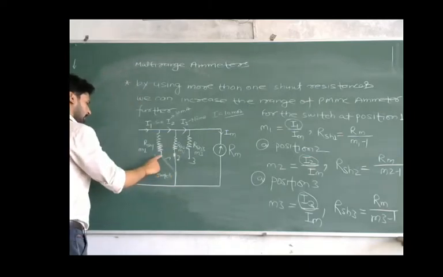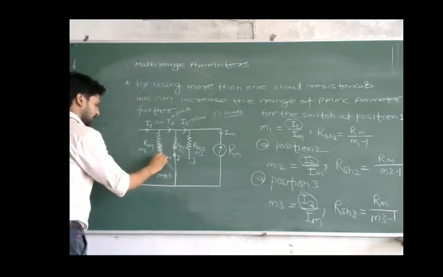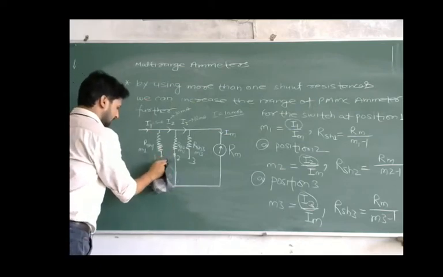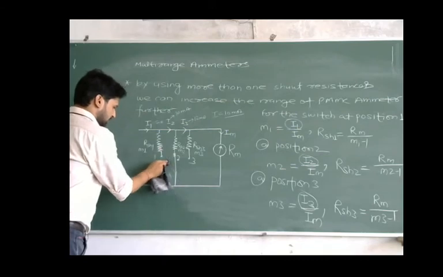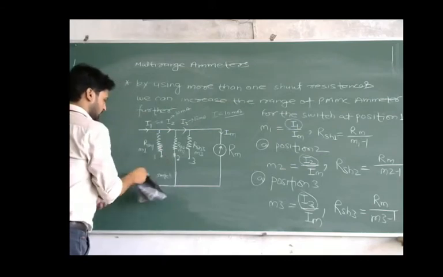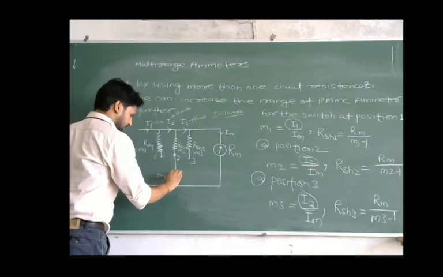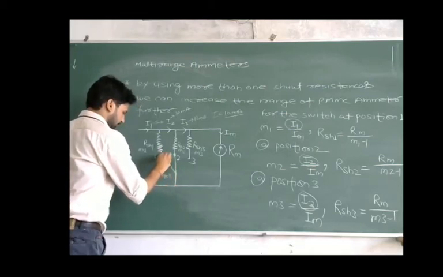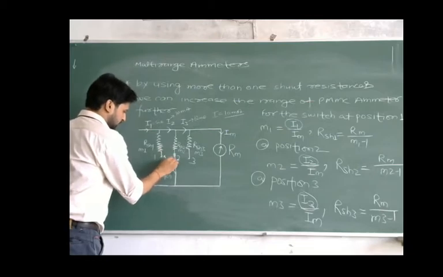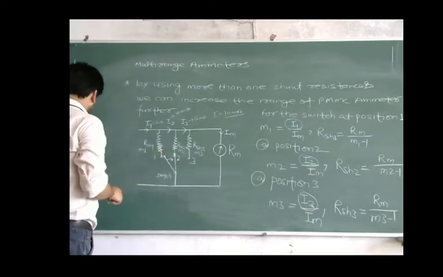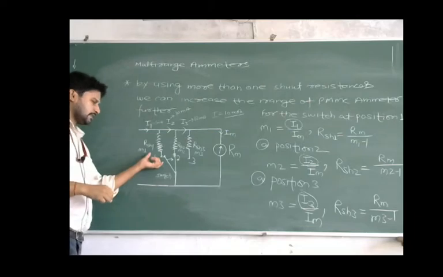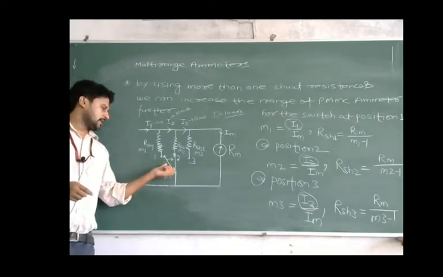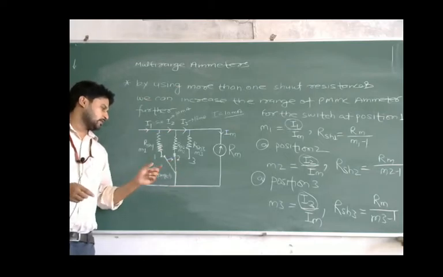At the instant when this switch is disconnected from position 1, the situation is like this. First, we have disconnected the switch from position 1, then start moving this switch from 1 to 2.